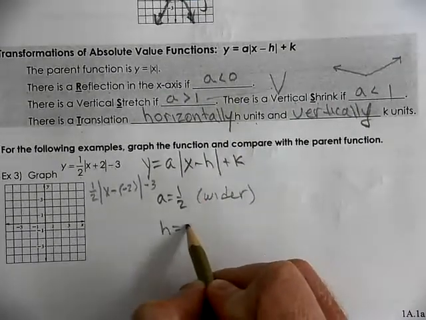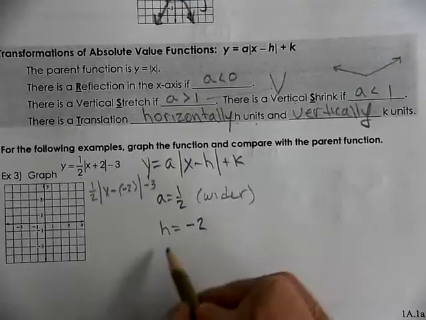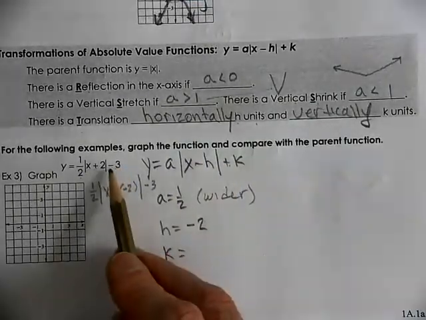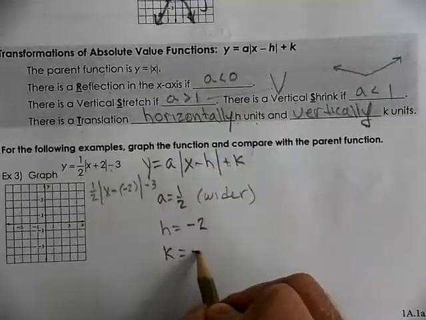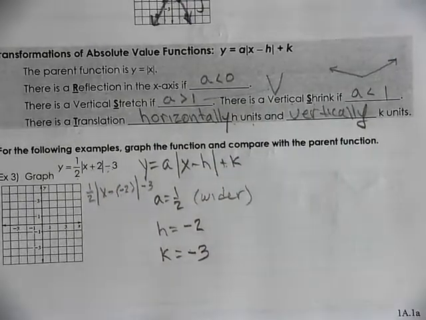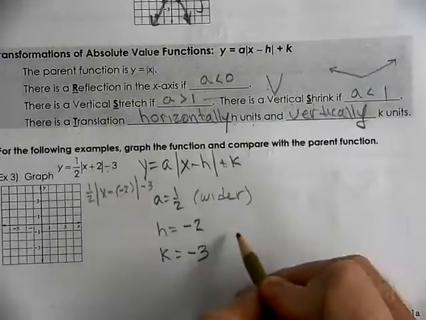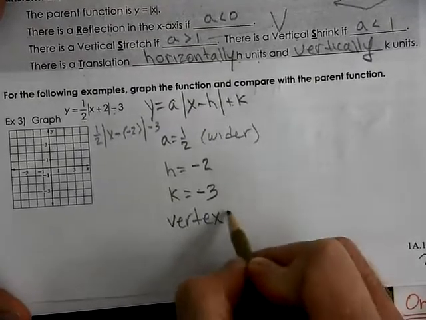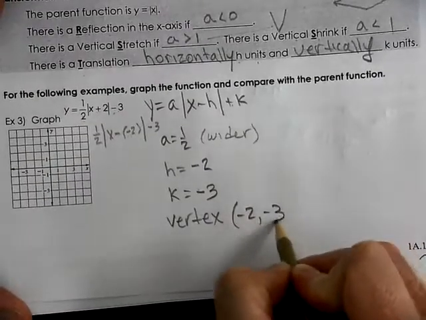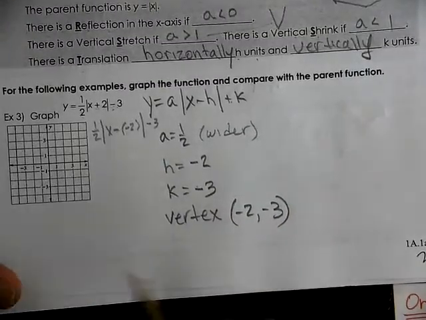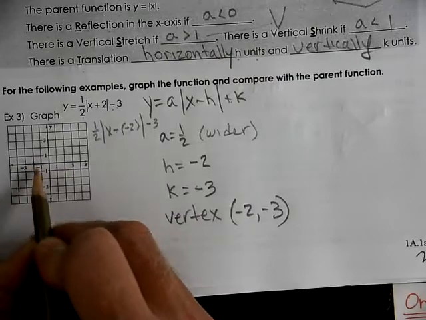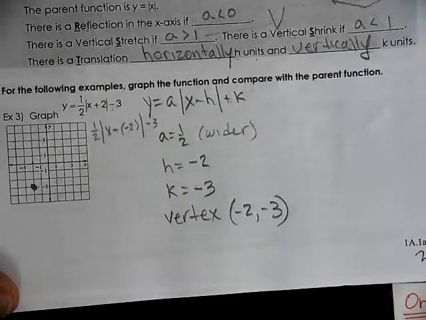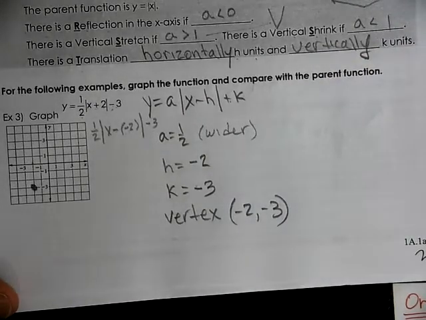And same idea for my k value. My formula is plus. Since the equation is minus, it has to be a -3. So I know my vertex is going to be at -2, -3. You could just go straight to -2 and down to -3 and put that in there. We labeled our point -2, -3.